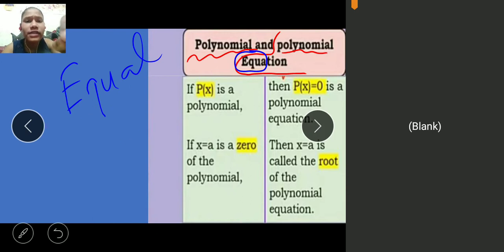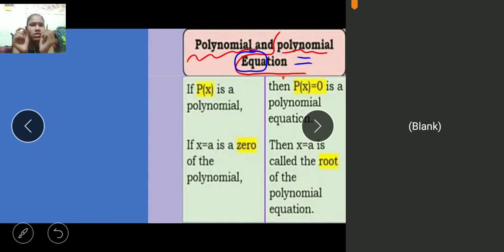It is based on the equal to sign. Just think of it. If p(x) is a polynomial, then p(x) = 0 is the polynomial equation. What's the difference between them? They both are the same, the only difference is the 0 and the equal to sign.